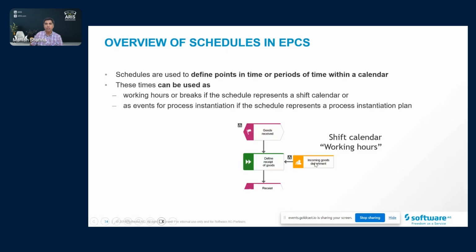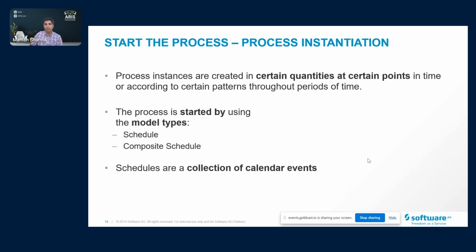So you could say, okay, between Monday and Friday, the people work between 8 and 5 or 9 and 6, whatever. You could also put in breaks. So if there are mandatory breaks in the day that a person needs to take during the workday, you can put in those breaks as well to give you real results.